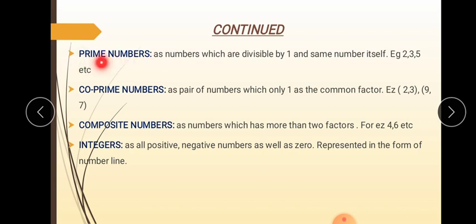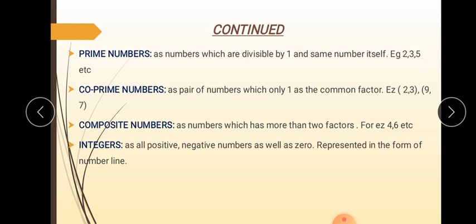Fifth is prime numbers. Prime numbers, the numbers which are divisible by 1 and the same number. In other words, the numbers which we can divide by 1 as well as by the same number. For example, 2. 2 we can divide by 1 also as well as by 2 also.